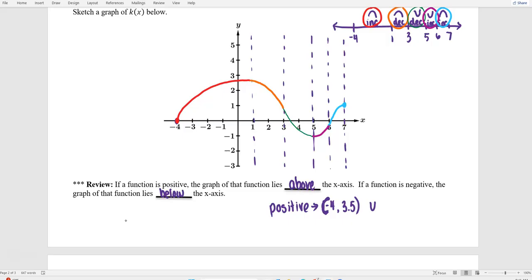And then it's positive again from, I'm just going to say 6 to 7, but it might be a little past 6 actually. And then my graph would be negative from about 3.5 over to 6. So you might have a question that asks you about positive or negative rather than increasing and decreasing and concavity. Concavity and increasing and decreasing are going to be the main things asked, but that'll be thrown in.